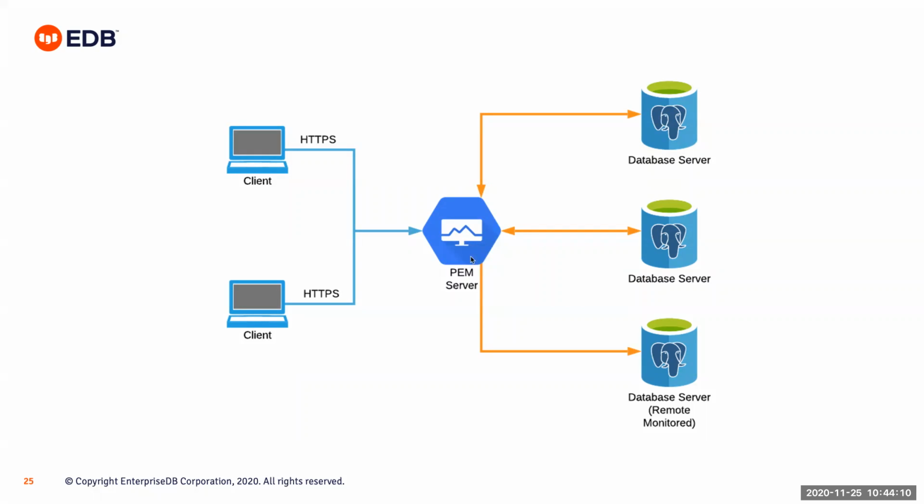And so that server, of course, once PEM becomes a critical component in your architecture, needs to be treated just like any other database. So it needs to be set up with high availability, failover, and so on. Because otherwise, you lose your ability to monitor your databases, you lose your ability to get alerts on your databases.